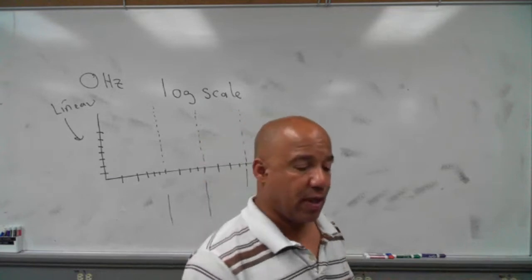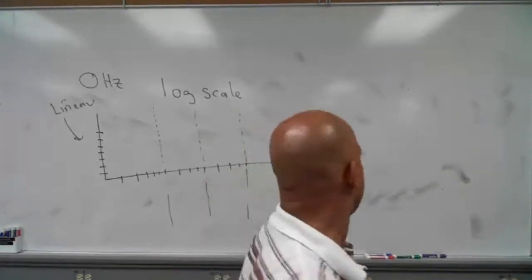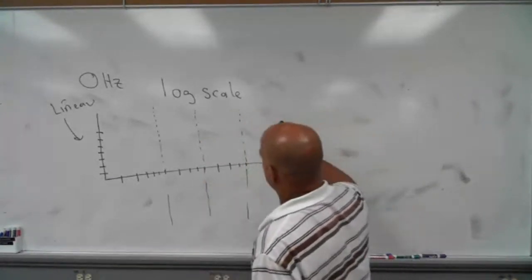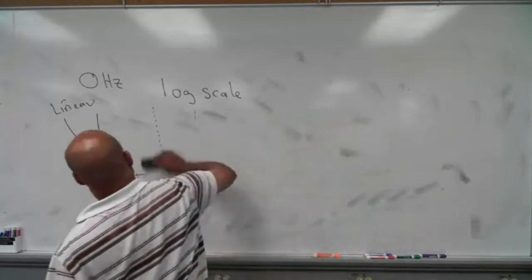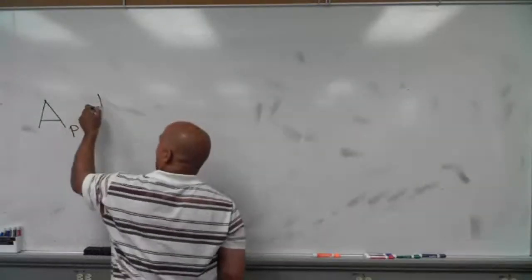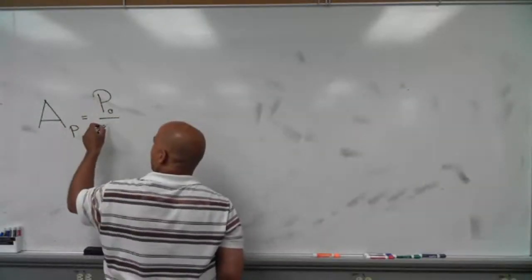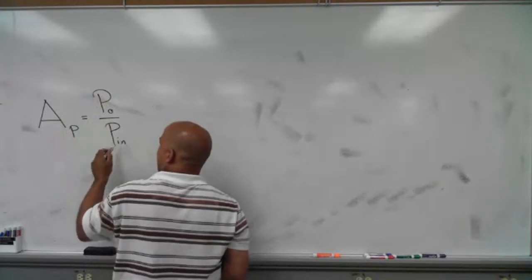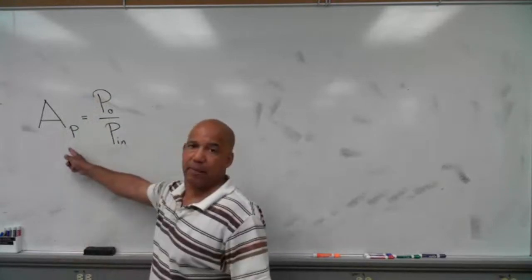So here's what we do. We get the power gain. So I deal with the power gain, which would just be the output power divided by the input power. So that would be the power gain.